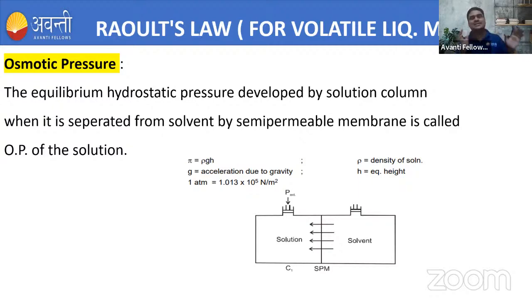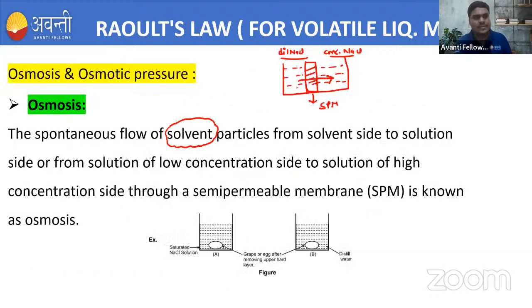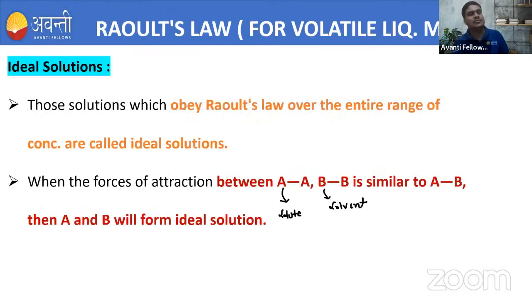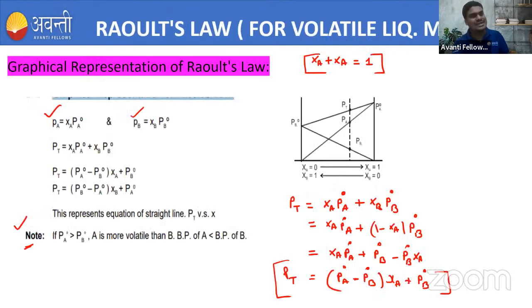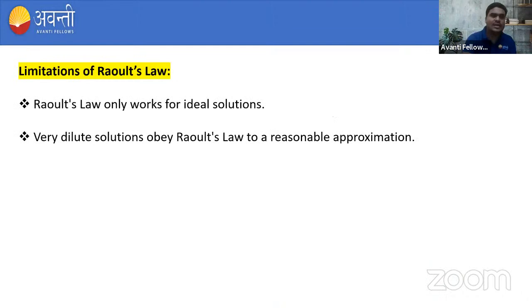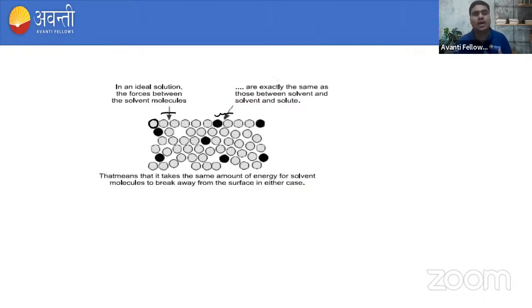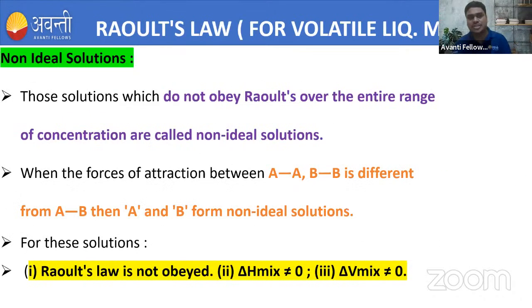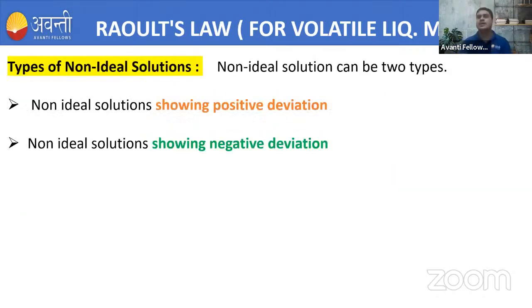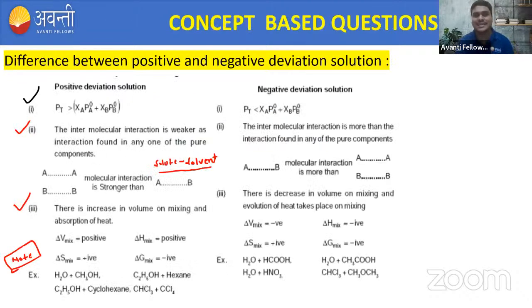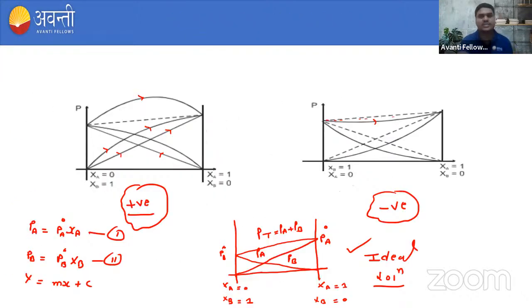Till then, just revise this whole concept that we studied today. Basically we studied today the graphical representation of Raoult's law. So this is for the ideal solution. Now we studied the limitation of Raoult's law, ideal solution, characteristics of ideal solution, non-ideal solution, how many types of non-ideal solution we have, like positive deviation, negative deviation, difference between the positive and the negative deviation, right?